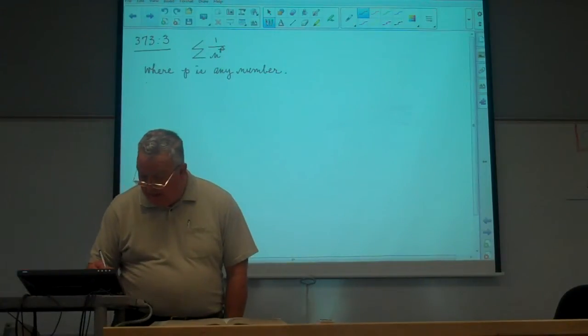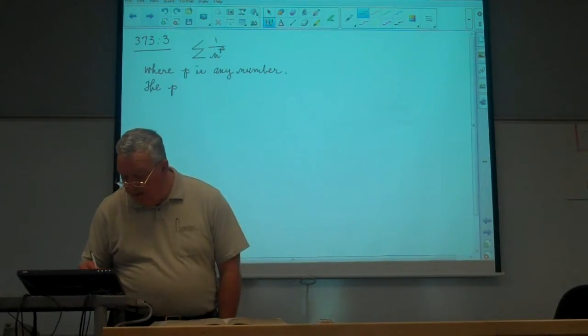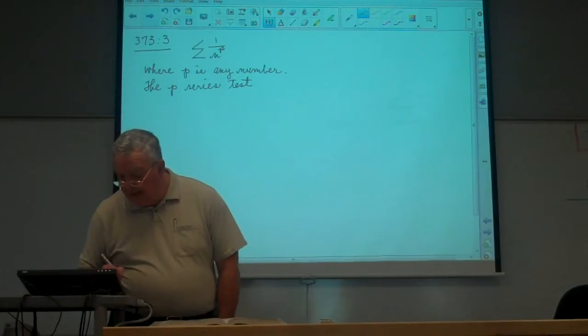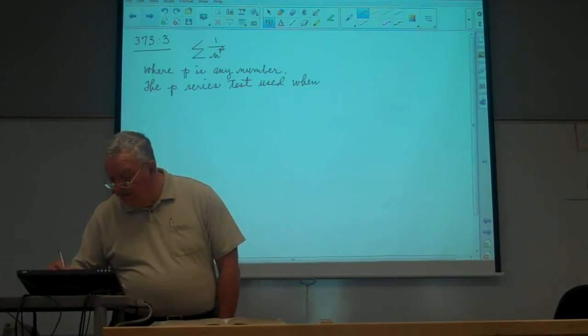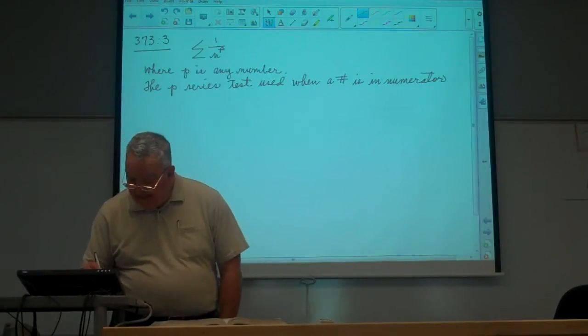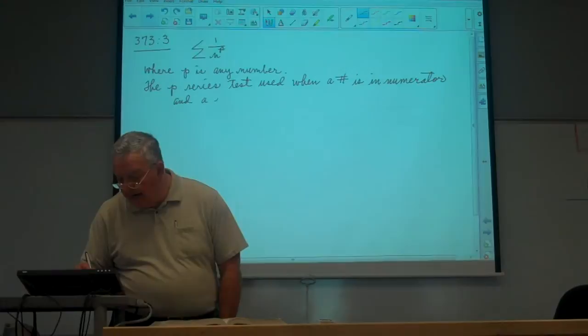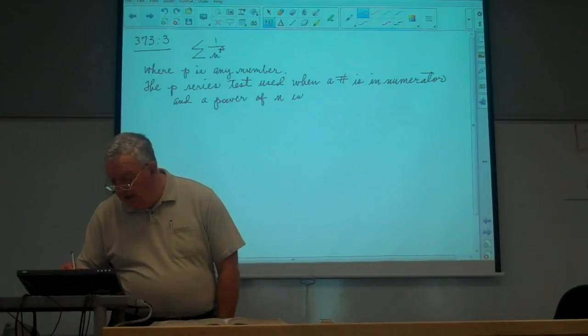It is used when a number is in the numerator and a power of n is in the denominator.